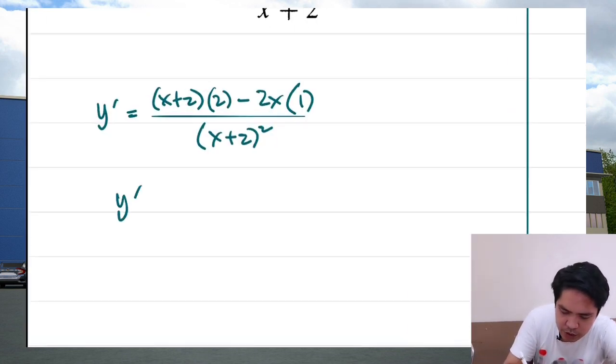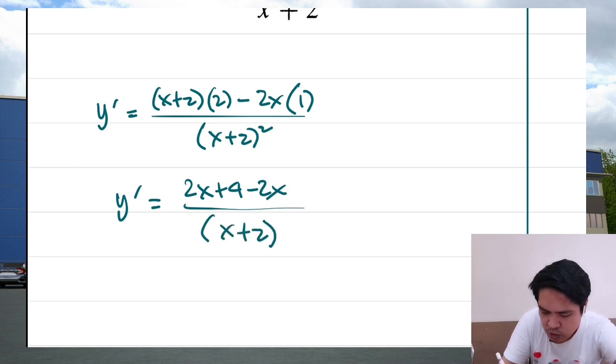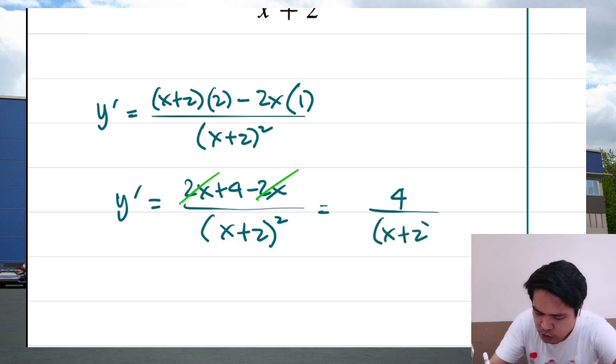So simplify lang natin konti. So y prime is equal to, we have 2x plus 4 minus 2x all over x plus 2 squared. So that would be 2x plus 4. Oh no, sorry. 4 na lang pala. Because we could cancel this out. So we have 4 over x plus 2 squared.